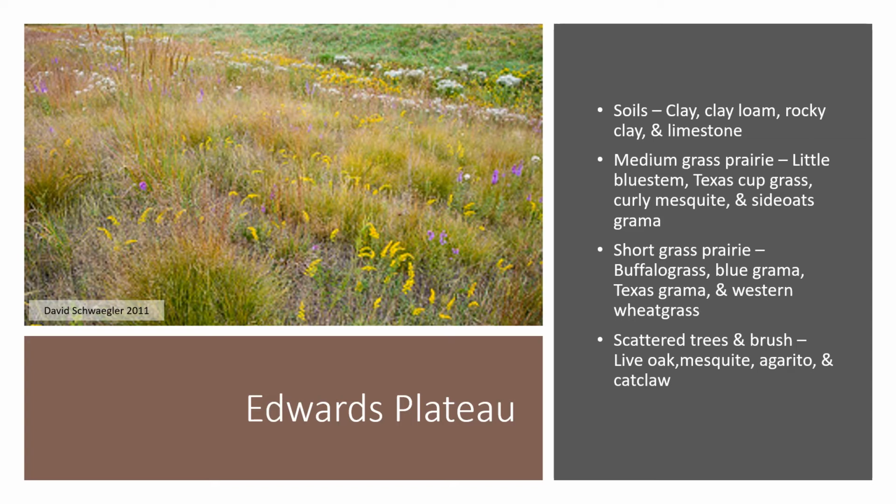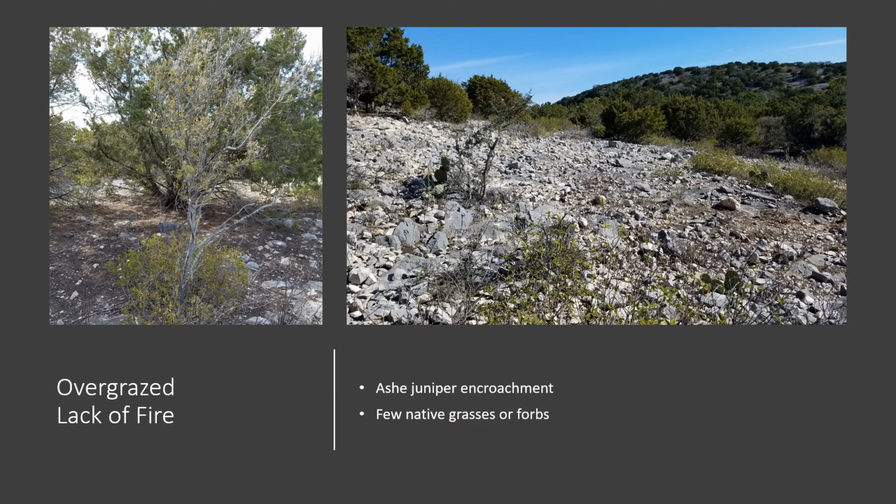You can see the diversity of plant life in this photograph, this mix of medium and short grasses. This is what you would typically see in the Edwards Plateau or hill country. However, this is more commonly what the habitat might look like today.